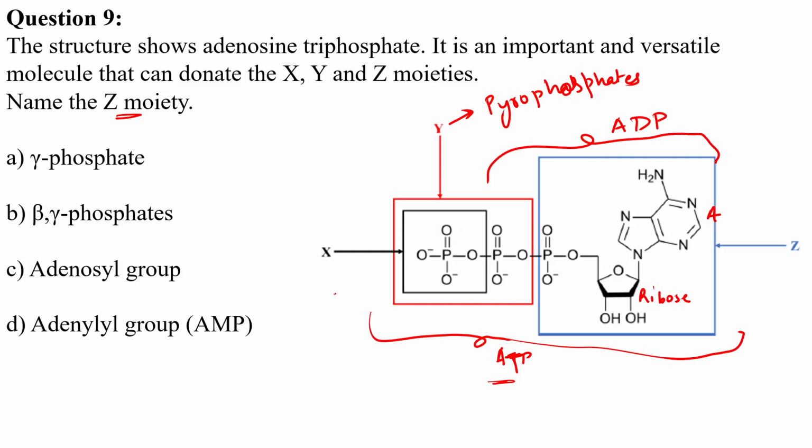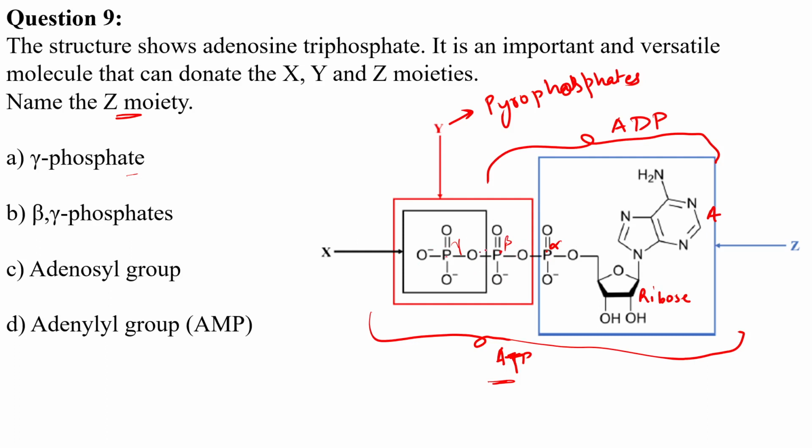Okay, or X is also called gamma phosphate. Why? Because this is attached to the carbon directly. So this is alpha, then this is beta and this is gamma. So X is called gamma phosphate, this phosphate is called beta phosphate, this phosphate is called alpha phosphate. Okay, so if gamma phosphate is removed from ATP, it will become ADP.